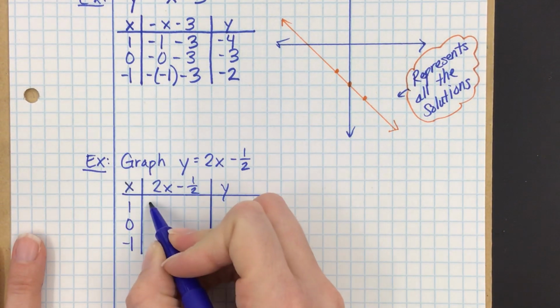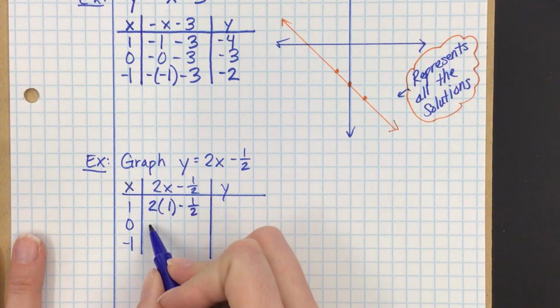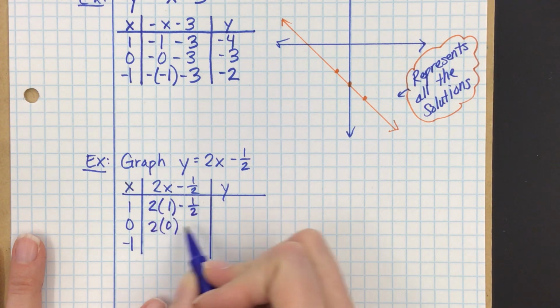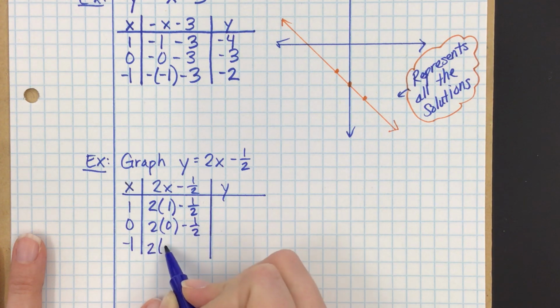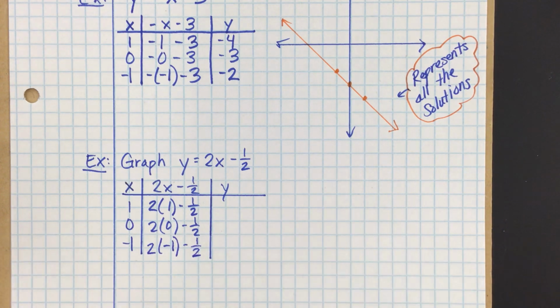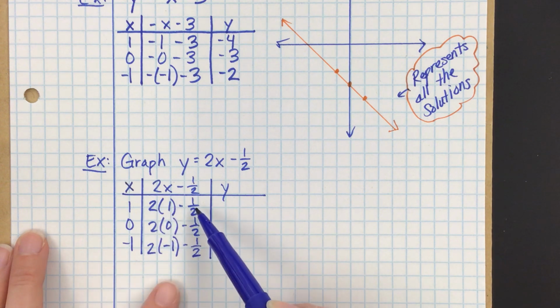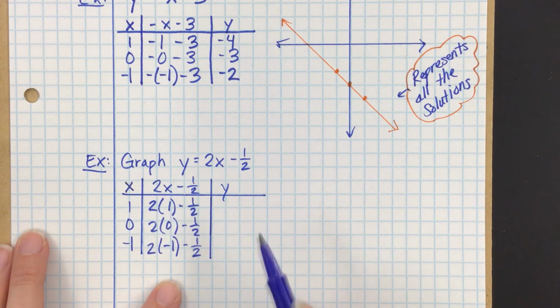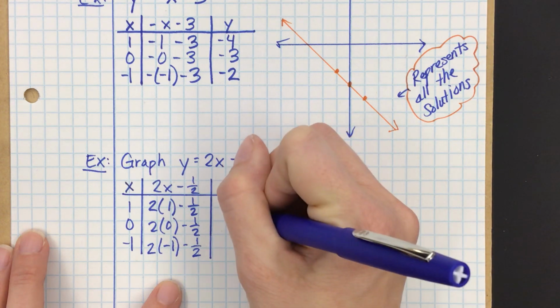Okay. So I'm going to plug in all of these x values, and then we can see what we get for our outputs, our y values. Okay. So 2 times 1 is 2. 2 minus a half is going to be 1 1/2.